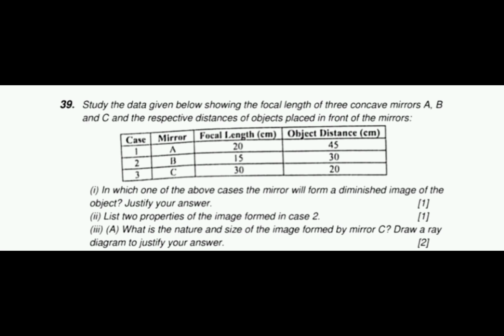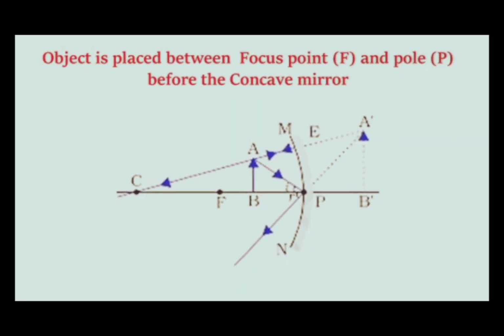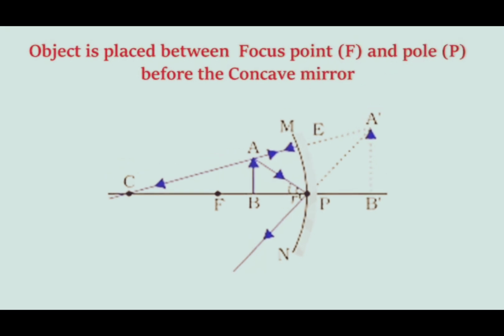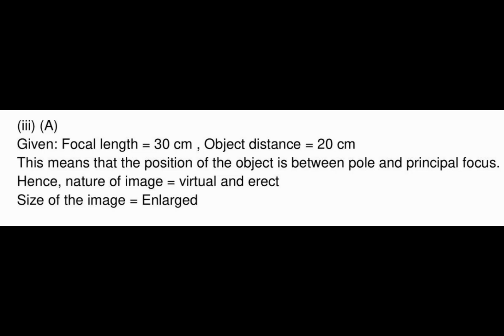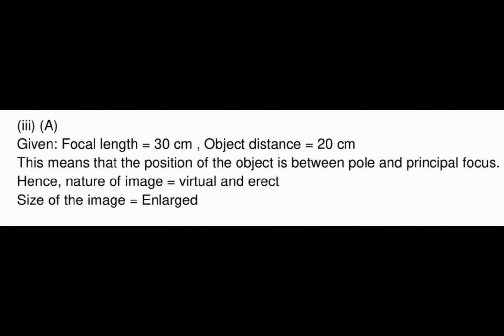That means we are keeping the object between F and P. So you know this is the last case in a concave mirror. So in the last case, what type of image will we get? When we keep the object between pole and focus, we'll get a virtual and enlarged image.